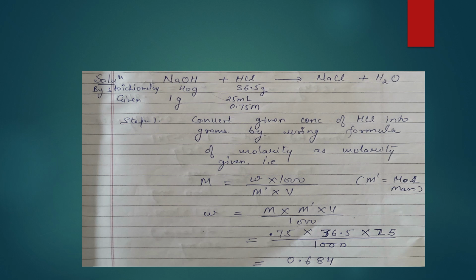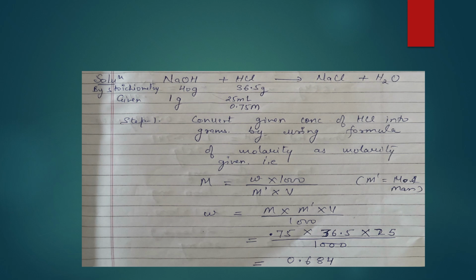Where does 40 grams come from? This is the molecular mass of NaOH, and 36.5 gram is the molecular mass of HCl.